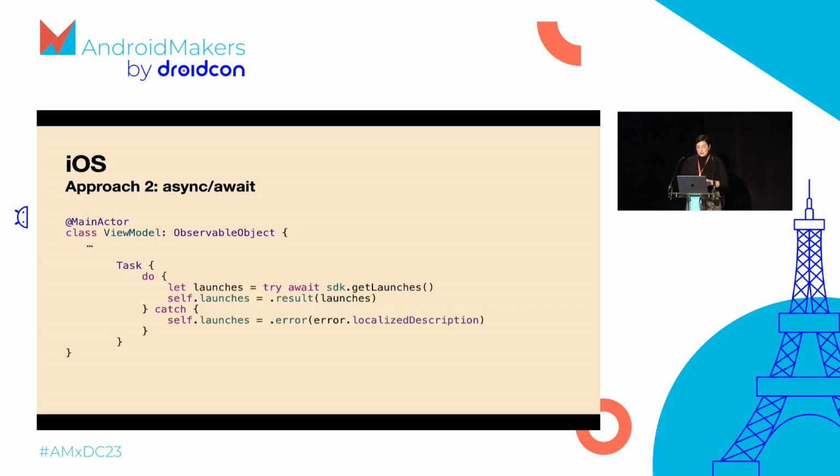First, our view model must be marked with the @MainActor annotation so that all suspend functions will be called on the main thread, because we can only do that on iOS from the main thread. So we need main thread safety. Then we wrap our call in a task that supports concurrency, and we can use the await part of the mechanism to wait for the results from the web service.